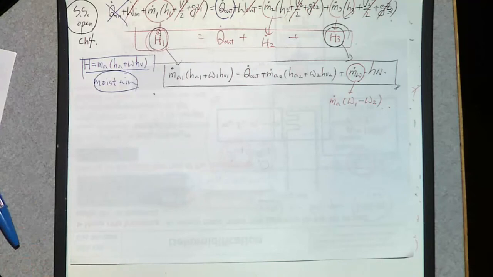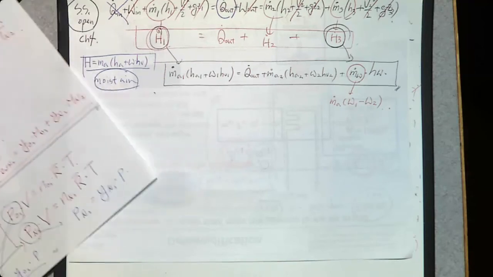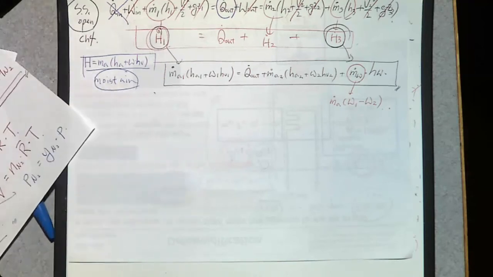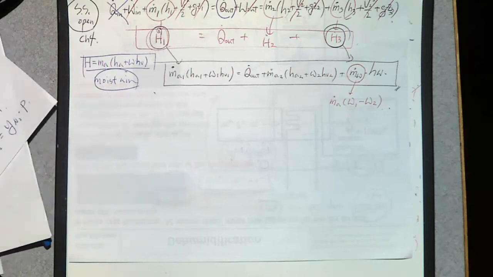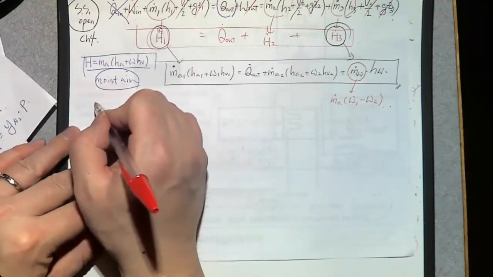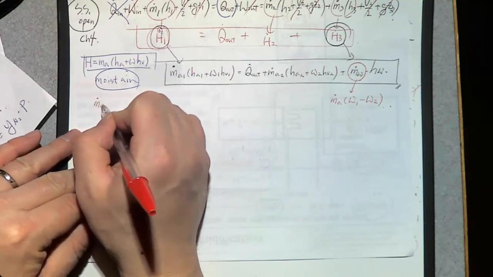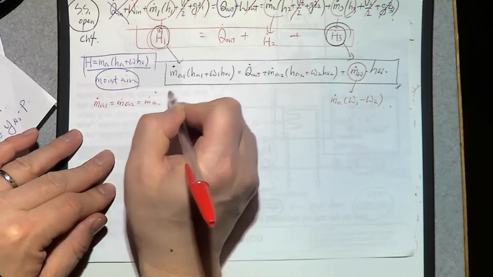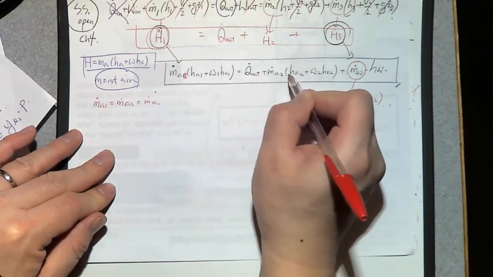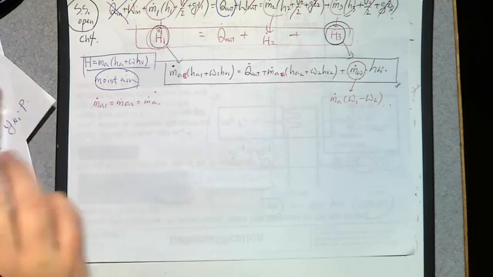Dehumidifier. So the mass balance equation, M dot A1 is the same as M dot A2, which is M dot A. So we can remove subscript here. Yes.